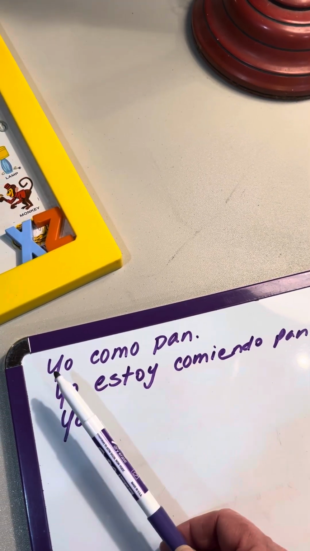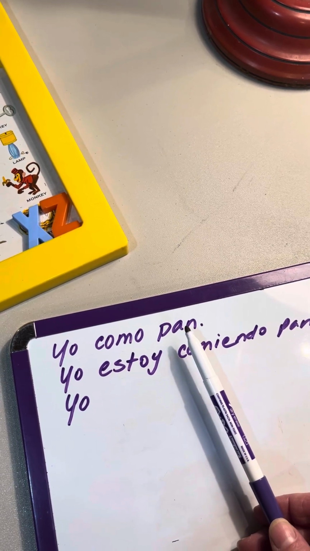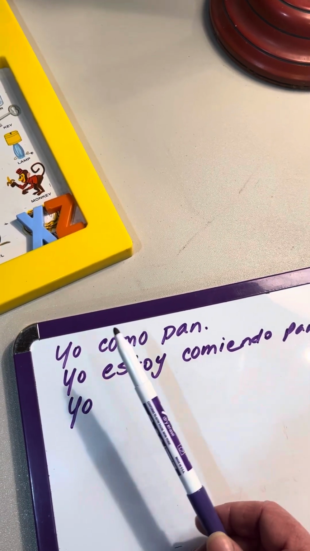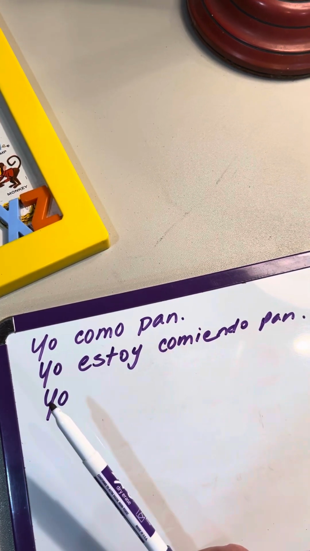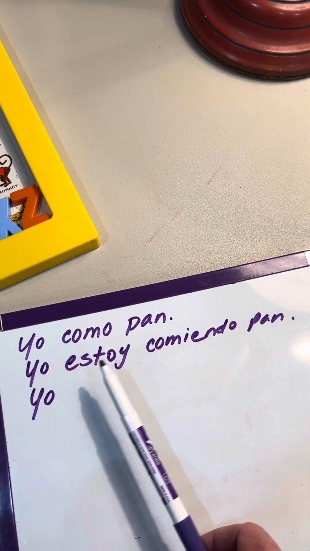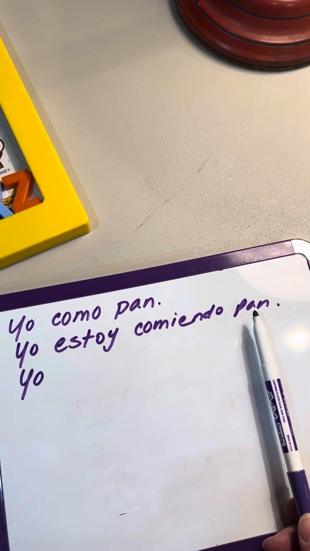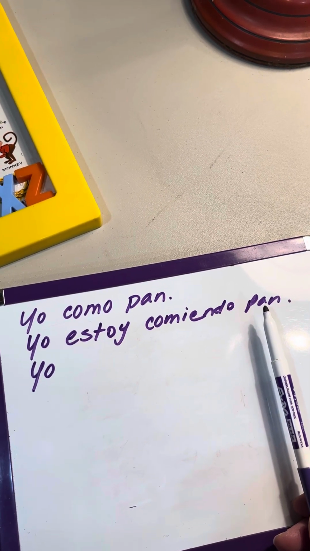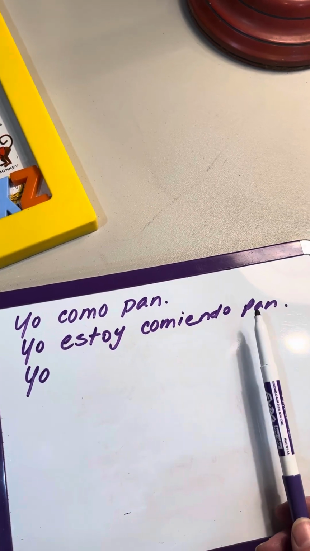For example, yo como pan. And what does that mean? I eat bread. We've also learned the gerund tense most recently. Yo estoy comiendo pan, which means what? I am eating bread.